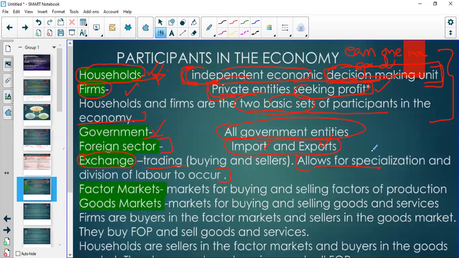So one of the things that you need to know is I want you to be able to look for the advantages, right, and disadvantages of specialization. So it's the advantages and disadvantages of specialization and division of labor. So you need to have them written down.